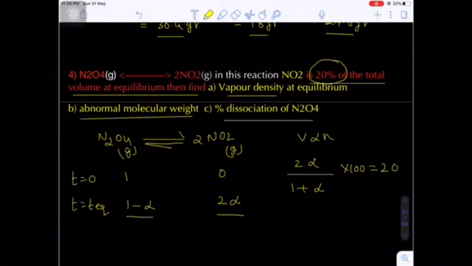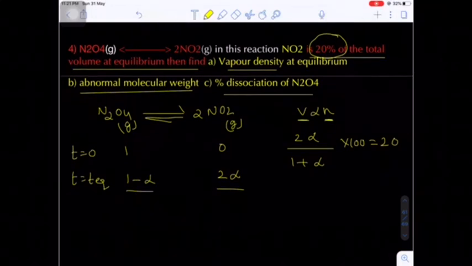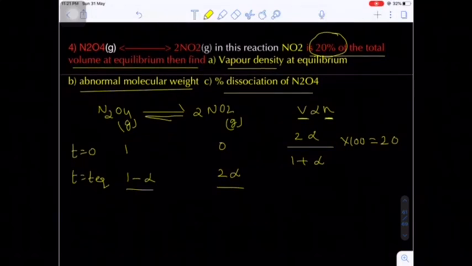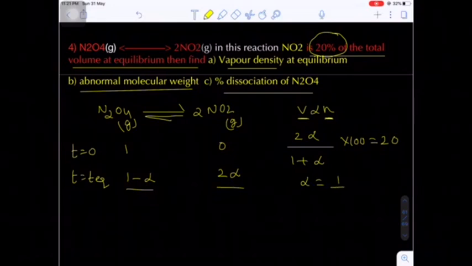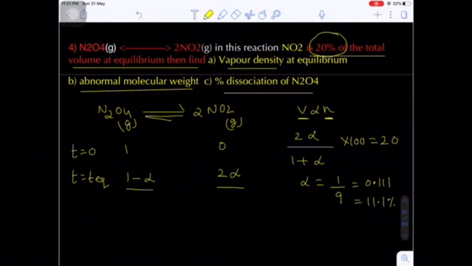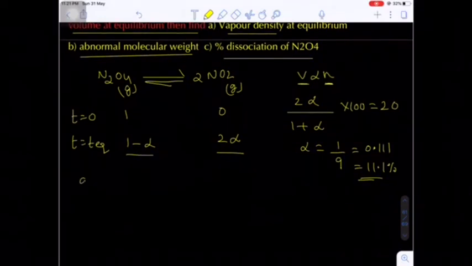This is the mole percentage. Why am I taking the moles? Because volume and moles are directly proportional at constant temperature and pressure. Now from here, if you solve, the alpha value will be 1 by 9, which is 0.111, which in terms of percentage is 11.1%. This is the third question, the degree of dissociation, 11.1%.